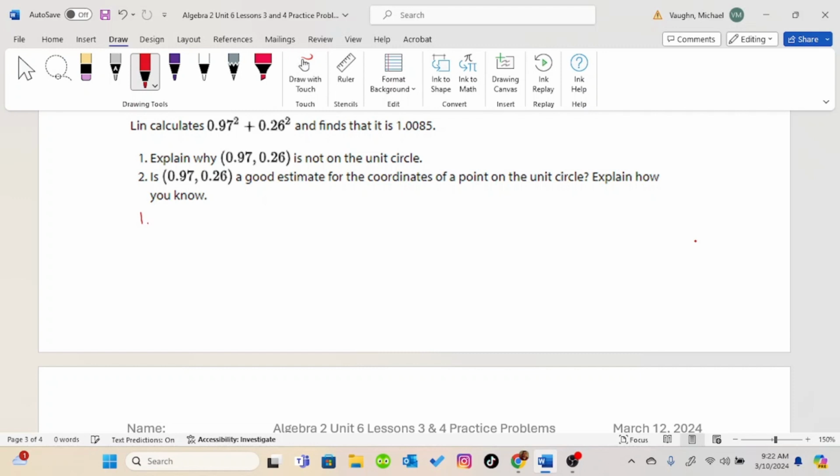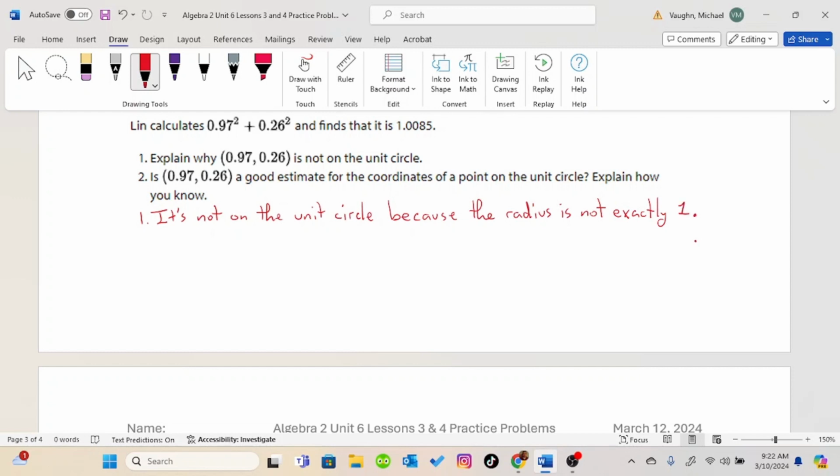So number 1, it's not on the unit circle because the radius is not exactly 1.